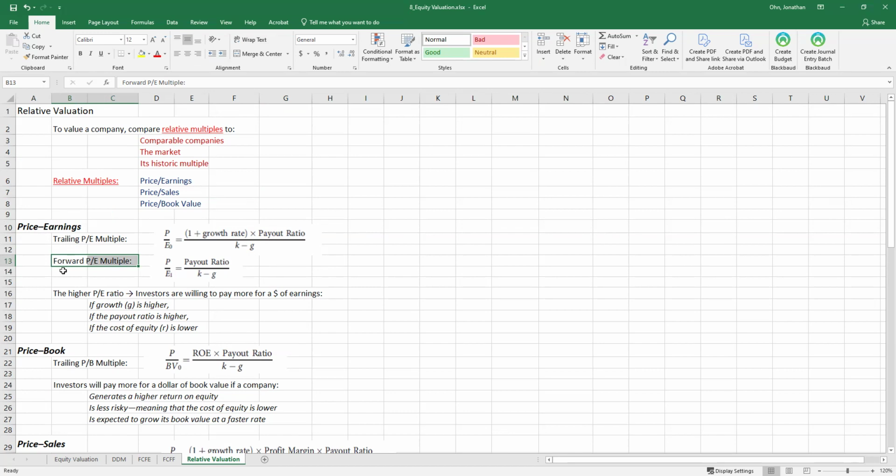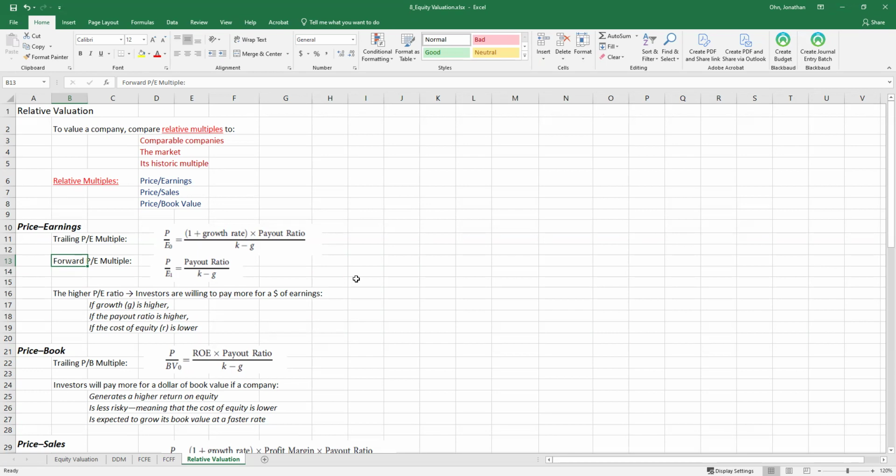Especially the forward P/E ratio is payout ratio divided by K minus G. So the higher the P/E ratio, investors are willing to pay more for the company's earnings, for the company's unit earnings.